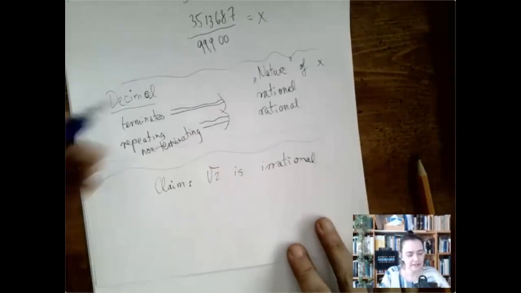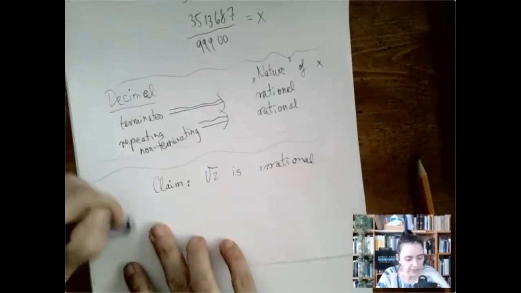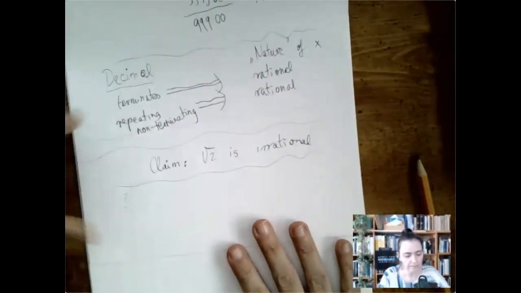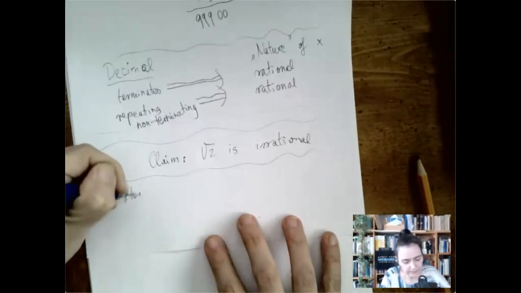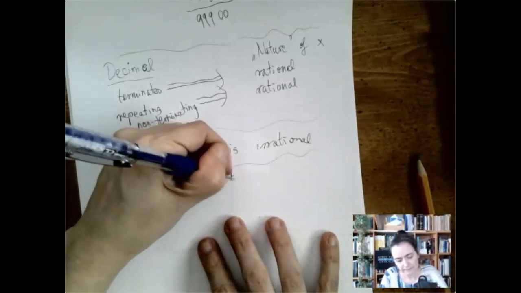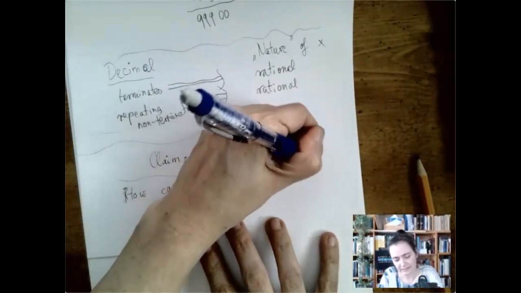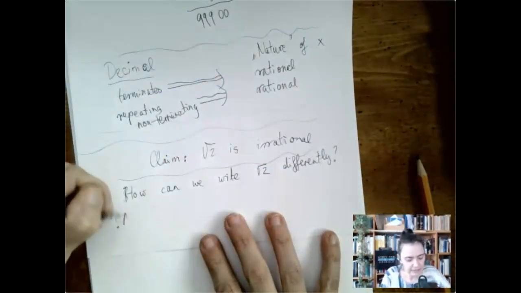Now, question. So here is square root of 2. We just accept that this is an irrational number. And then the question is, how can we write square root of 2 differently? Can we write it as a fraction of integers?